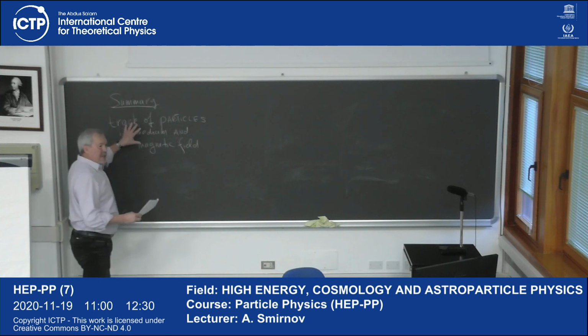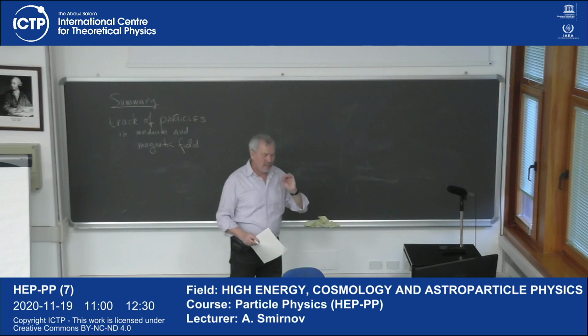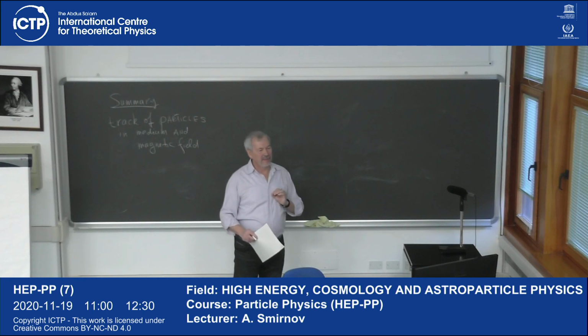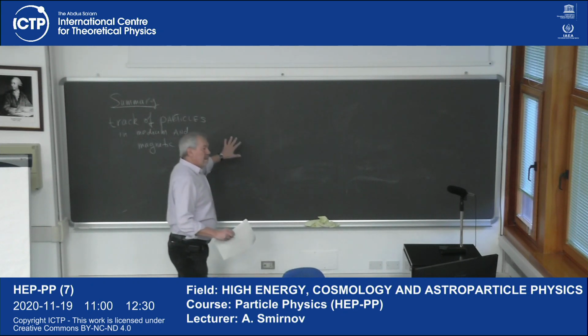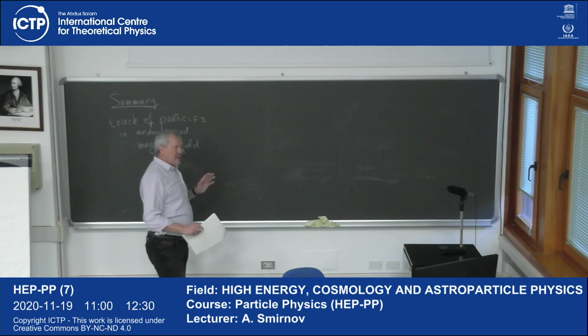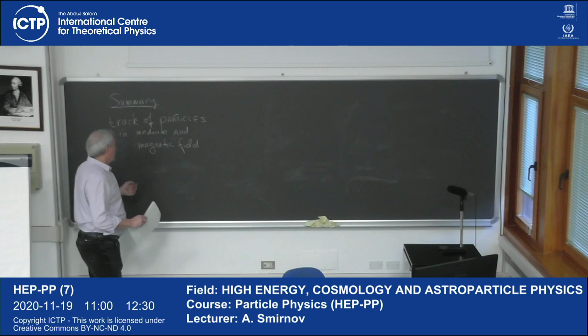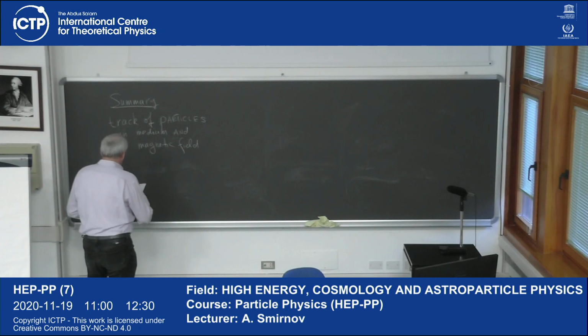So this is what we will study, because before what we have seen is just some shining spots in the discovery of the electron or alpha particles or scattering of alpha particles. Here we will discuss in this part of the course trajectories of the particles and properties of trajectories of the particles and how we will measure the properties of particles observing the trajectories.